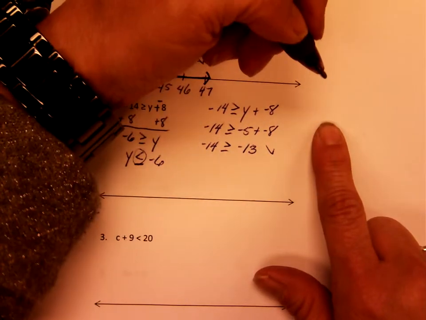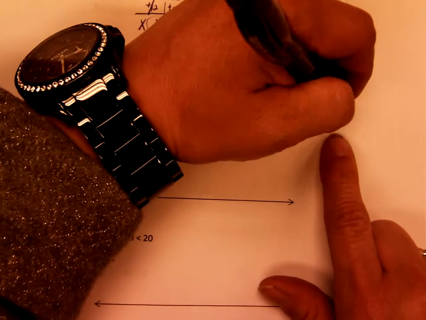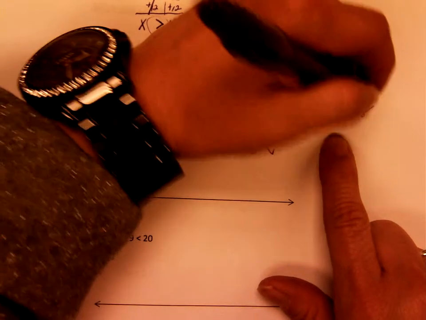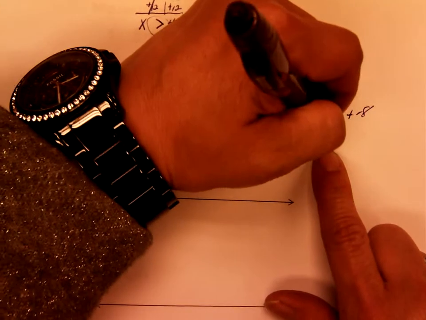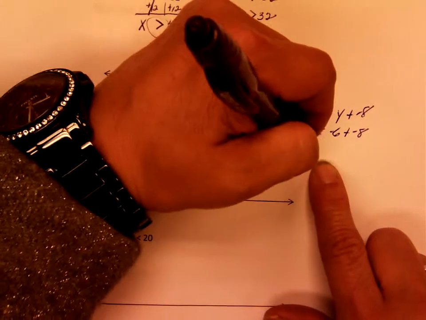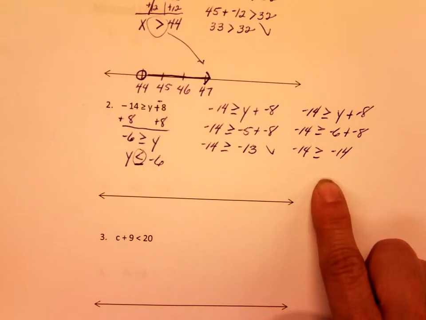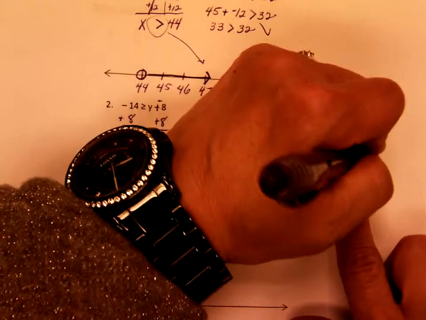Negative 14 is greater than or equal to negative 6 plus negative 8, which is negative 14. So that is correct.